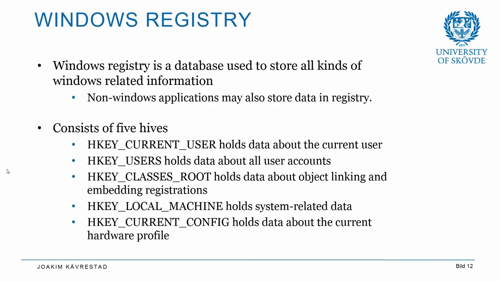And before we end, just a few words on the Windows registry. The Windows registry is a database used to store all kinds of Windows-related information. It's designed to store Windows-related information, but non-Windows applications may also store data in the Windows registry.